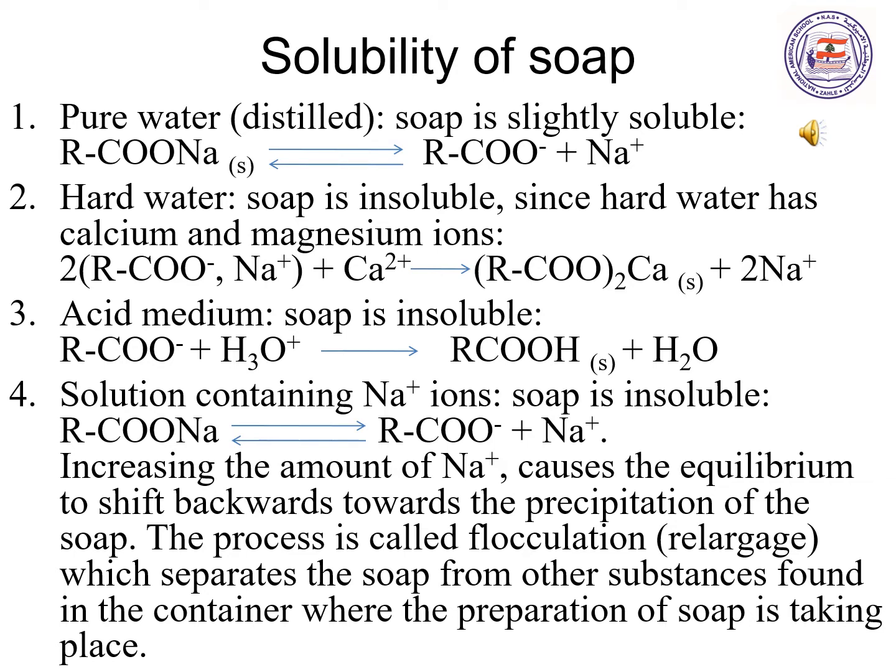And what is meant by precipitation of the soap? It means that the soap is in the solid state. This process in chemistry is called flocculation or relargage, which separates the soap from other substances found in the container where the preparation of soap is taking place. You will see this information later in upcoming slides.